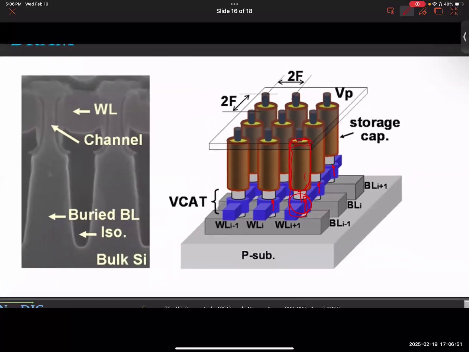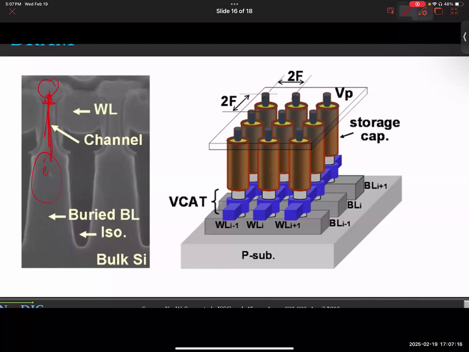As you notice here, this dimension could be 2F, and this dimension could also be 2F, so you have a 4F squared cell footprint. And this is a real SEM image of such a vertical channel transistor. By the way, this is your channel, and you have source and drain, and this is the channel through which the electrons will flow.